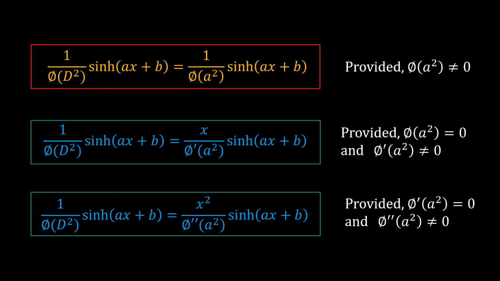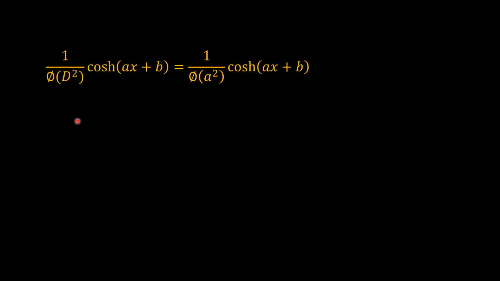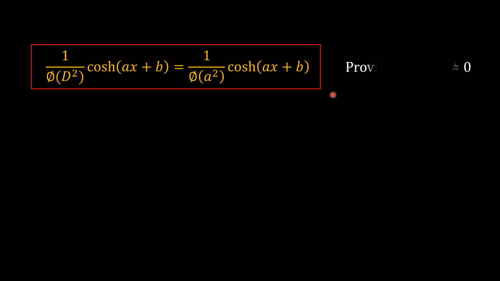In the same way, we are going to write down the formula for the hyperbolic cosine function. So see that formula. 1 upon phi of d square cos hyperbolic of ax plus b is equal to 1 upon phi of a square cos hyperbolic of ax plus b, provided that this denominator should not be equal to 0.